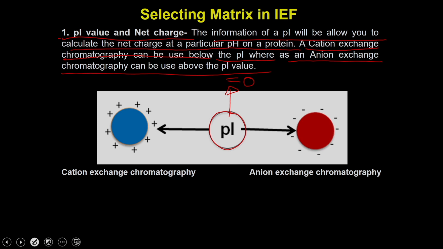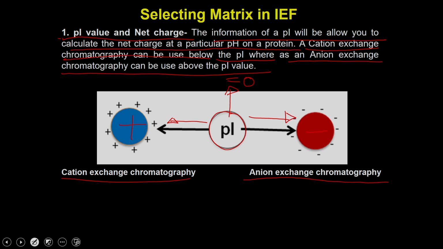So, if you go below the protein PI, you are going to generate net positive charges on the protein, and that is how you can use the cation exchange chromatography. Similarly, if you go above the PI value, you are going to have negative charges, and that is how you can use the anion exchange chromatography.